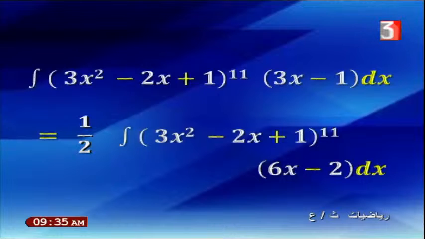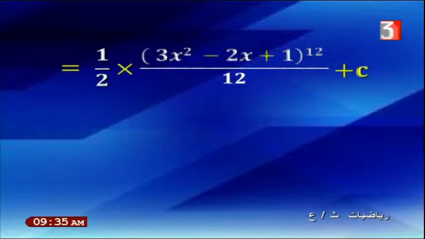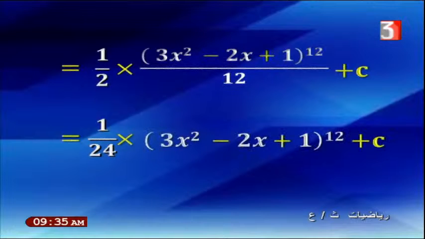Then the integration is half multiplied by the bracket (3x^2 minus 2x plus 1) to the power 11 plus 1, which is 12, over the new power 12, plus the constant c, or equals 1 over 24 multiplied by (3x^2 minus 2x plus 1) to the power 12 plus the constant c as the result of this integration.